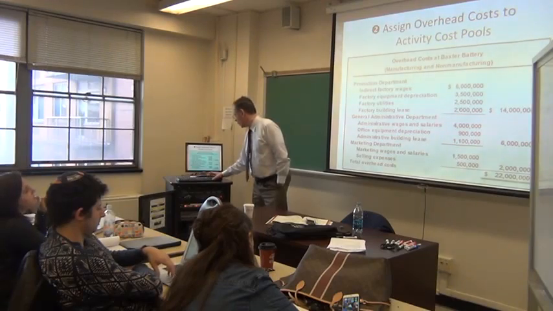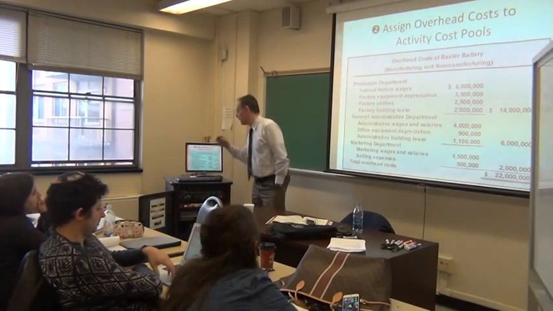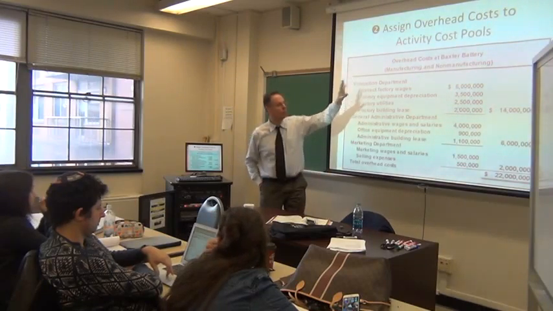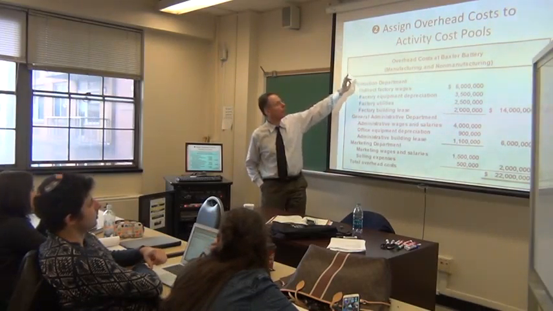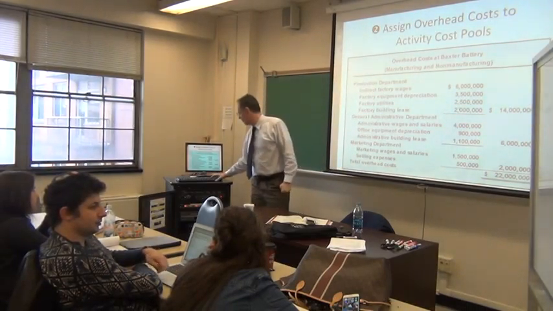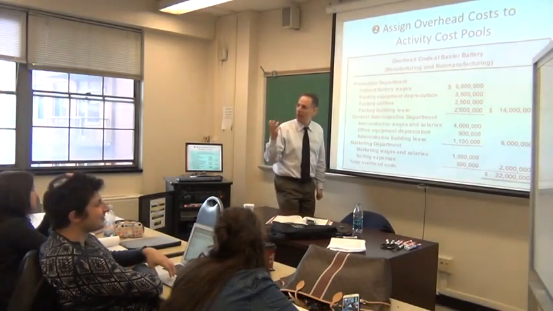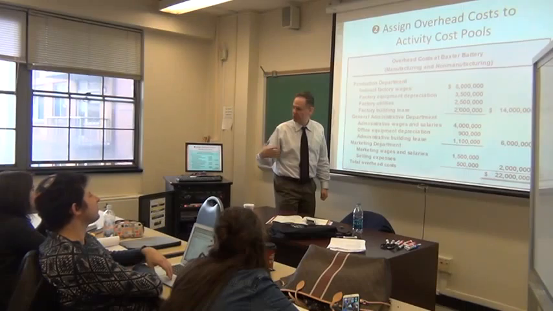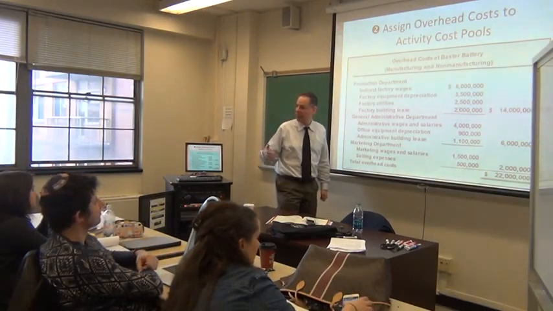So one of the things we're going to do is allocate all the traditional costs to these pools in some way. That's what they call a first stage allocation. We have to create these cost buckets. First step, we need to create costs in the cost buckets before we allocate anything.